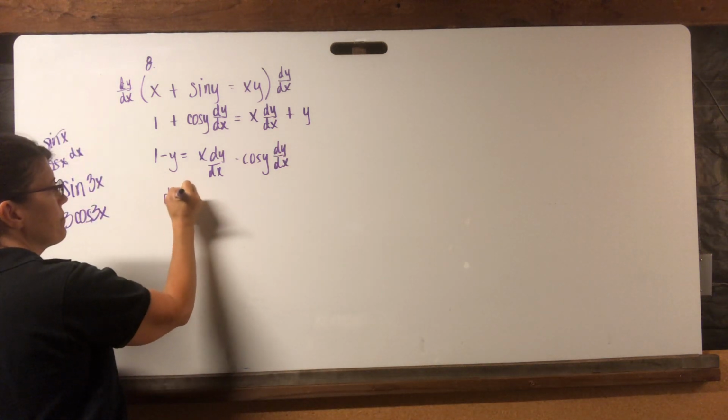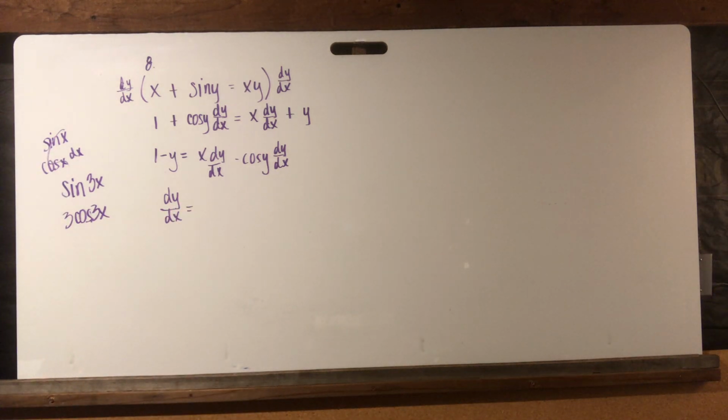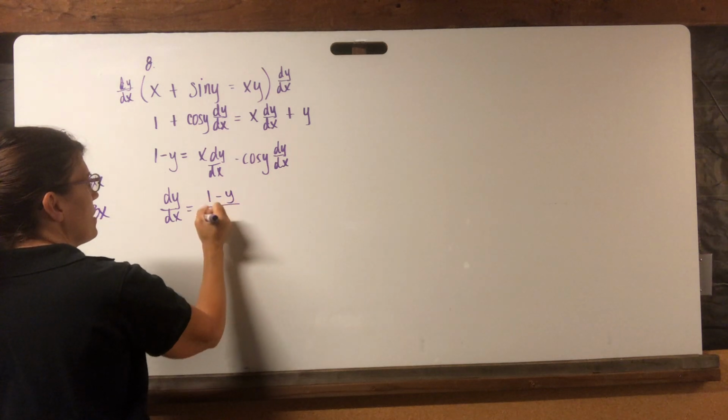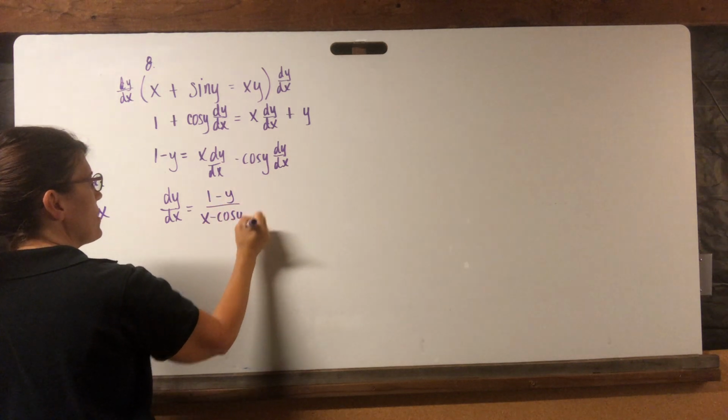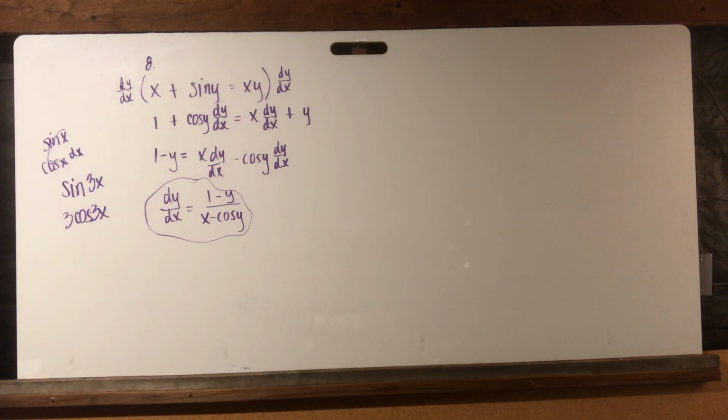Do all the algebra and you get 1 minus y over x minus cosine y.